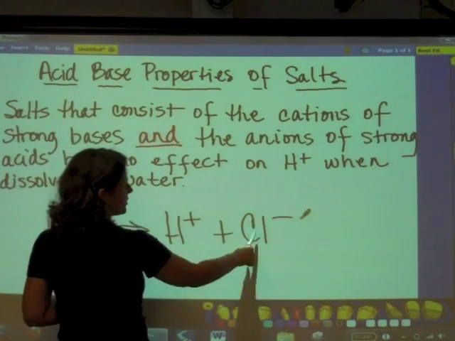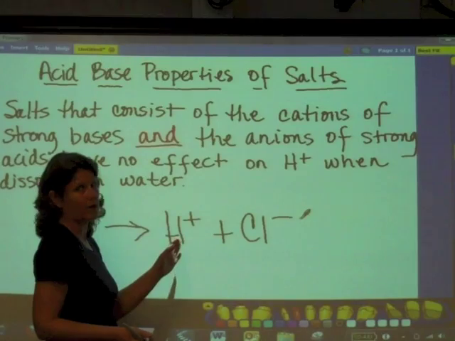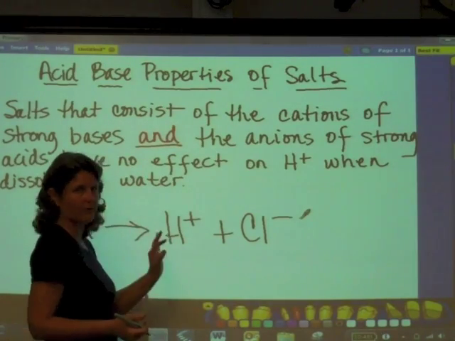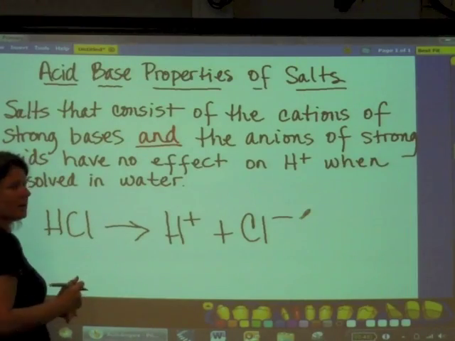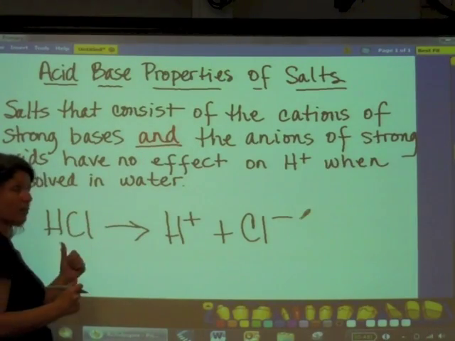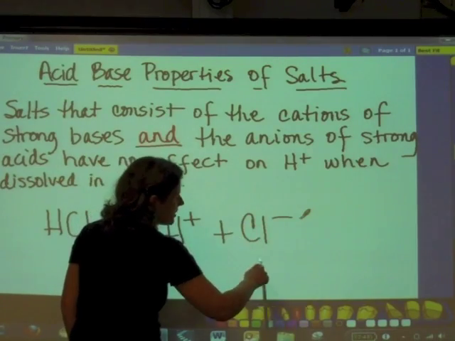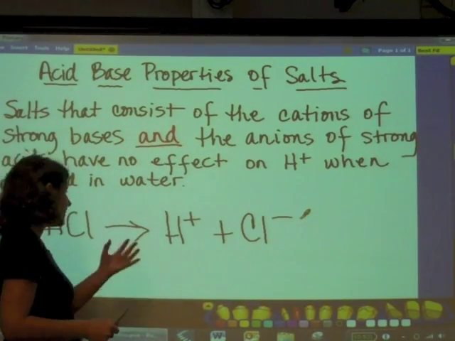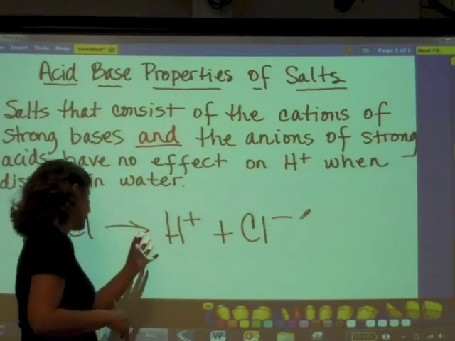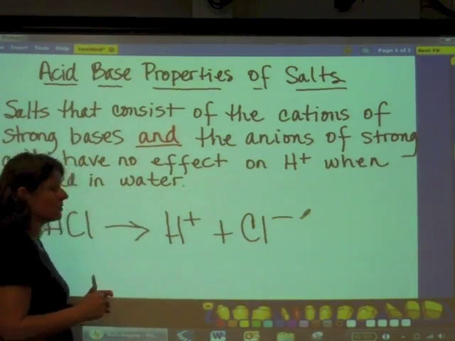Meaning that once we've got chloride dissolved in water, it has no affinity for hydrogen ion whatsoever. They will never rejoin and go back in the reverse direction. Chloride does not have an affinity for the hydrogen, or we could think of it the other way around. The hydrogen has no affinity for the chloride in an aqueous solution.